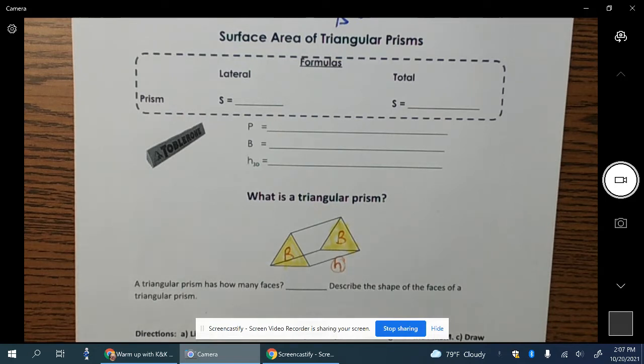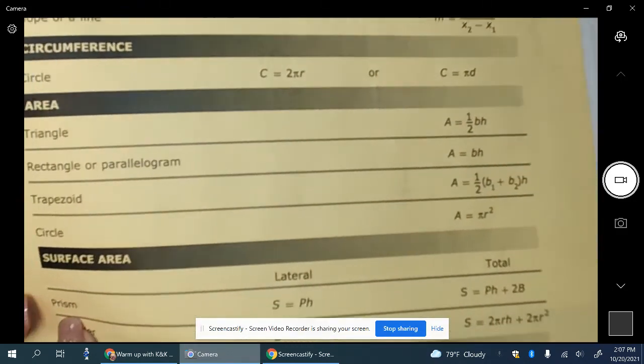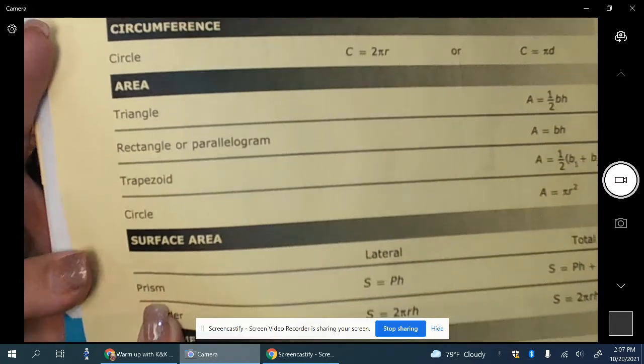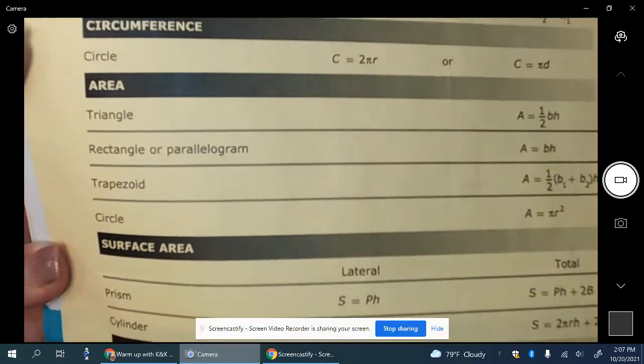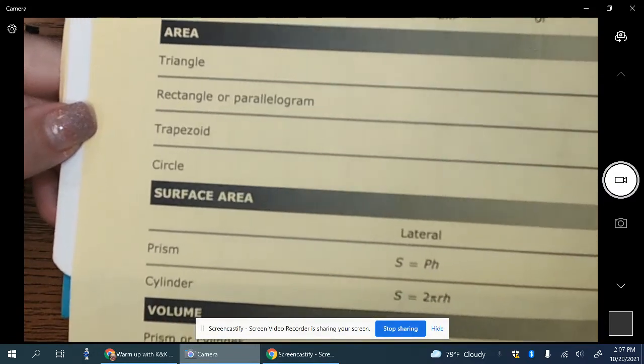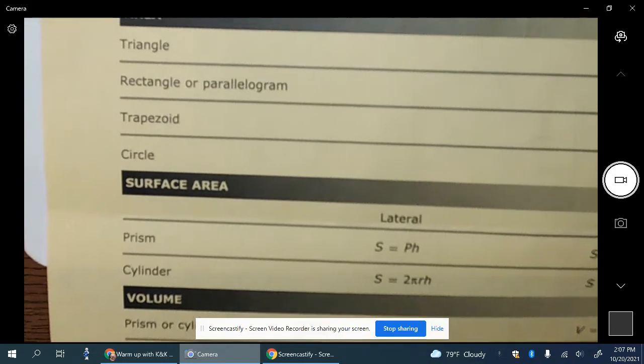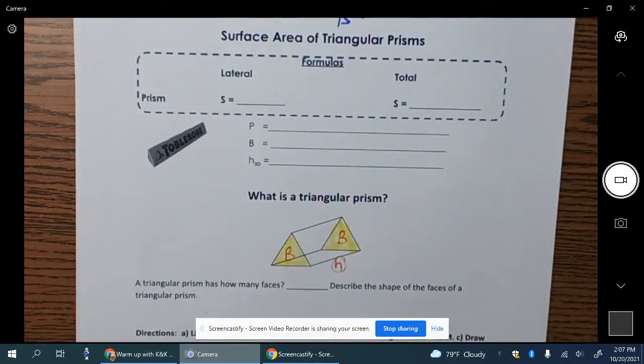All right, so we're still doing prisms. So our formula for surface area, prisms is going to be the exact same as yesterday. Is there a different formula for a rectangular prism and a triangular prism? No. So the prism formula is the same.